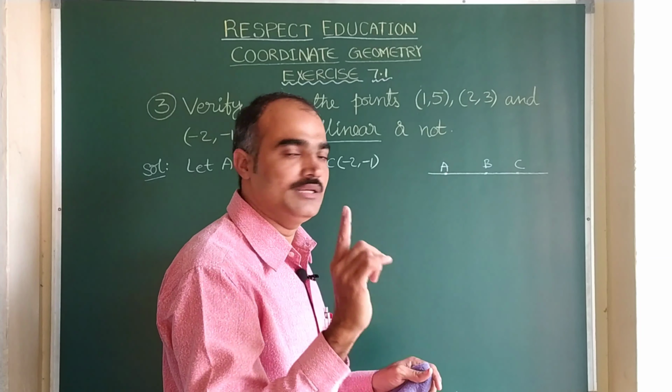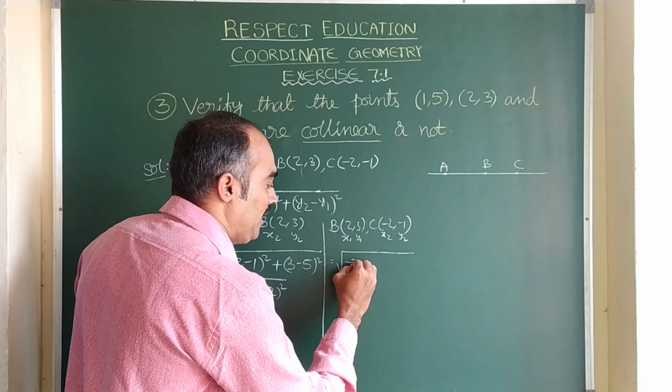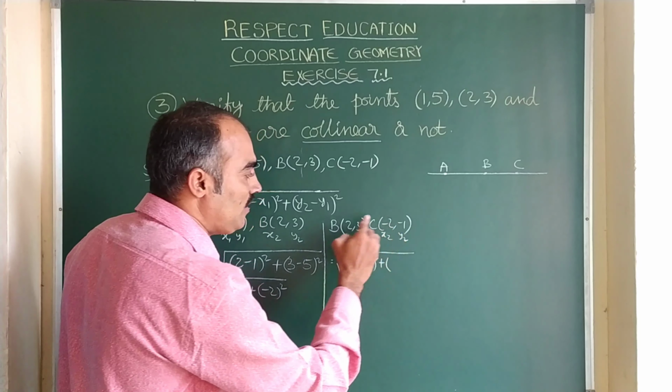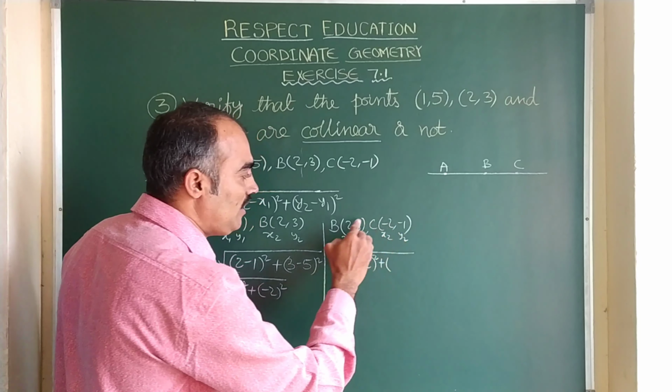(x2 minus x1) whole square: (minus 2 minus 2) whole square, plus (minus 1 minus 3) whole square. On simplification, minus 2 minus 2 is minus 4, so (minus 4) whole square, plus minus 1 minus 3 is minus 4, so (minus 4) whole square.